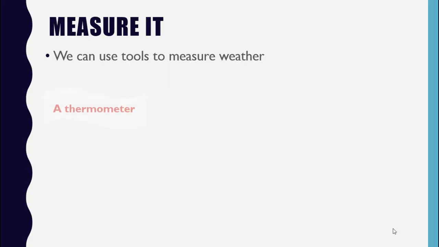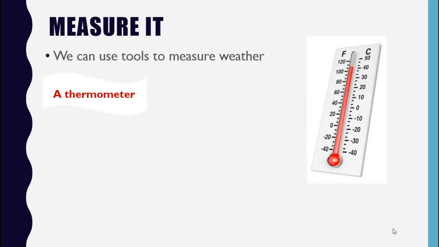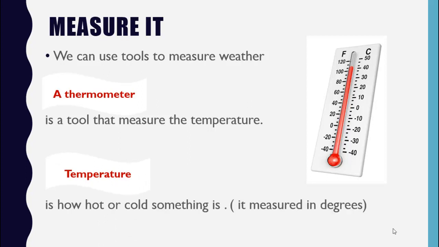First, a thermometer. A thermometer is a device we can use to measure the temperature. So, a thermometer is a tool that measures the temperature. And temperature is how hot or cold something is. So, when something is very hot, I can describe it as having high temperature.